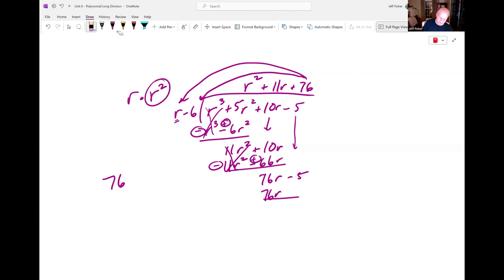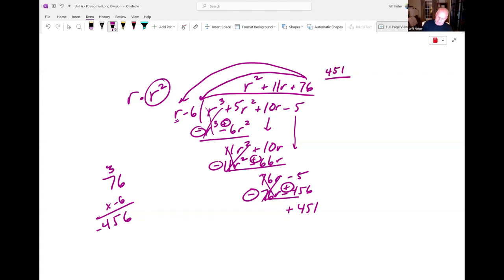What's 76 times negative 6? 6 times 6 is 36, carry 3. 42 and 3 is 45. Negative 456. We change the signs. These go to 0. And then negative 5 and a positive 456 is a positive 451. That's what we have as our remainder.